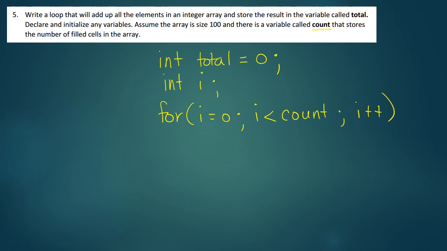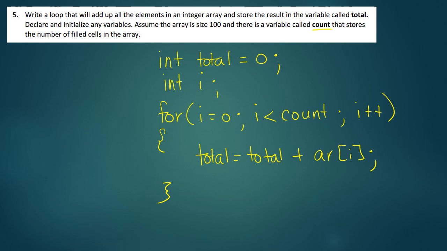So we're going to go through the array and add all of the elements in the array and store that at total. So this would just be total equals total plus array of i. I didn't give you the name of an array, so you can assume that you could name the array whatever you want to name it. So I'm just going to name it AR of i.